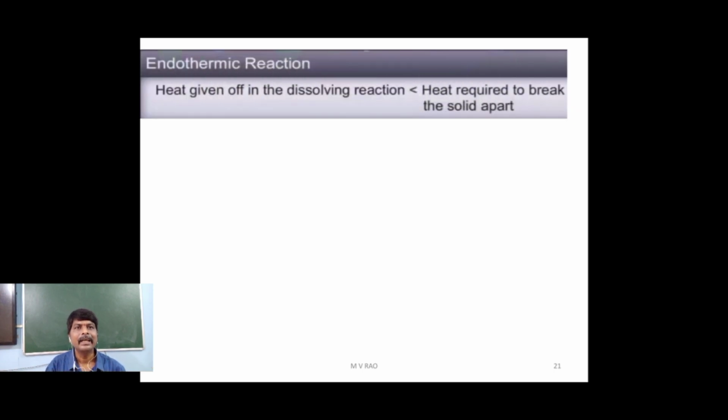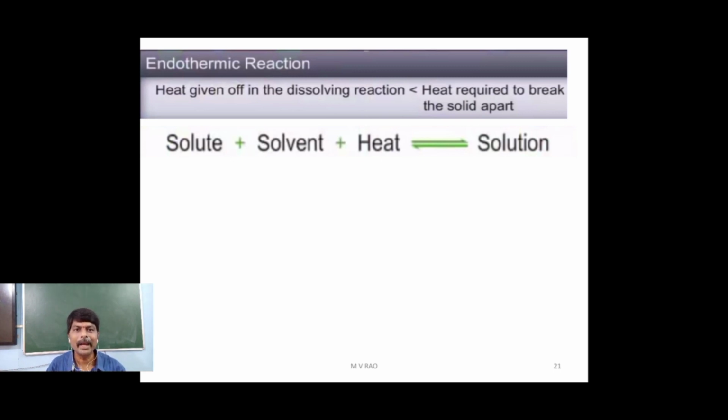Next, endothermic. What is endothermic? Heat given in the dissolving reaction is less than heat required. Here heat is required. Solute plus solvent, and some more heat you have to provide, then only the solution will form. Solute plus solvent plus heat, then the solution will form.